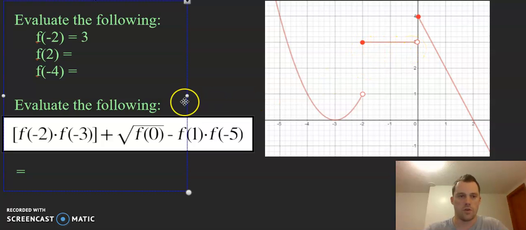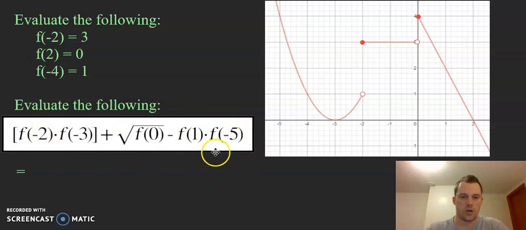So f of -2 equals 3. f of 2, so x is equal to 2. We go here. That's on our x-axis. So f of 2 equals 0. f of -4, go to x equals -4. That's our parabola here, and that's a y value of 1. Okay, so that's how we evaluate just a singular point.